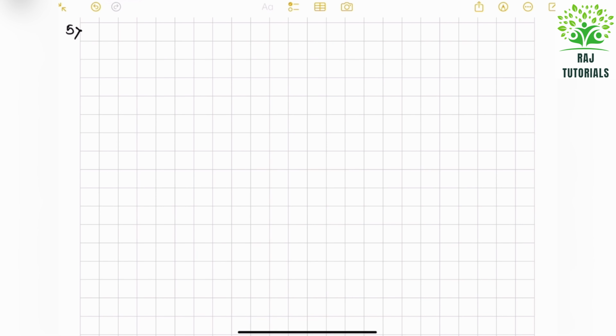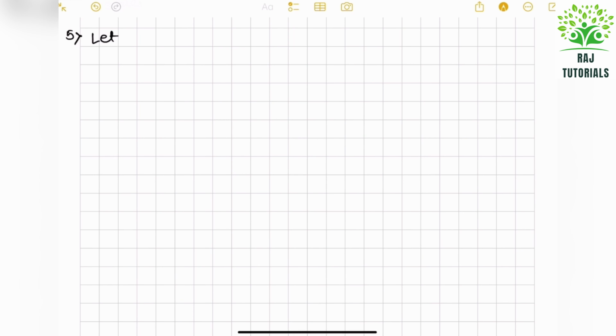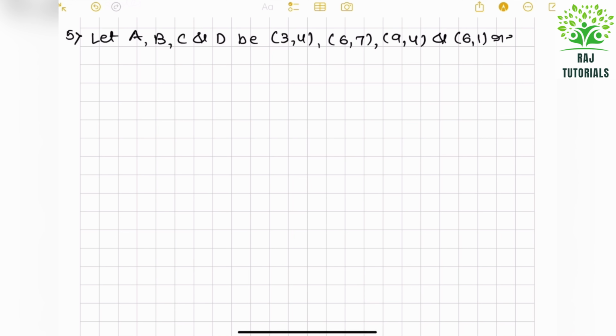So now let us take the points as ABCD, the students who are sitting at ABCD. So let A, B, C and D be (3, 4), (6, 7), (9, 4) and (6, 1) respectively.